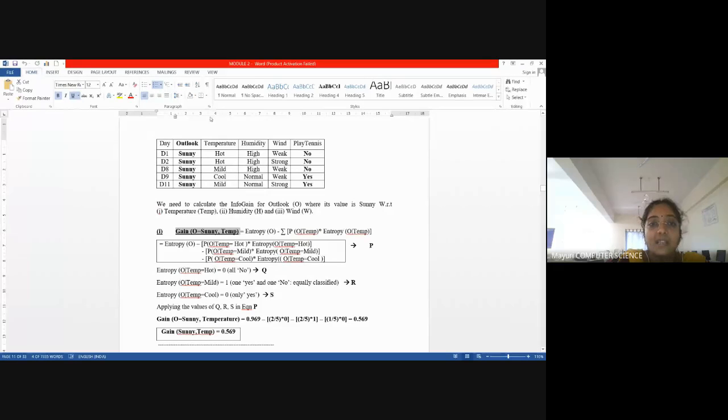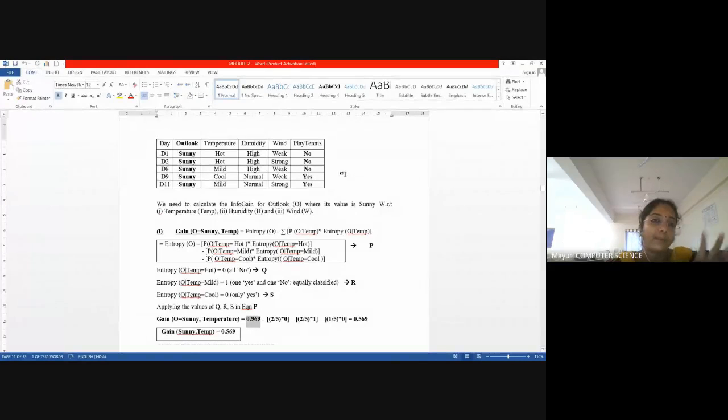Total entropy of this table right now. Out of how many values? 1, 2, 3, 4, 5. Out of 5 values, what is the entropy? So minus 3 by 5, no is 3 by 5. Minus 3 by 5 log 3 by 5 base 2, minus 2 by 5 log 2 by 5 base 2. If you do that, you will get 0.969.